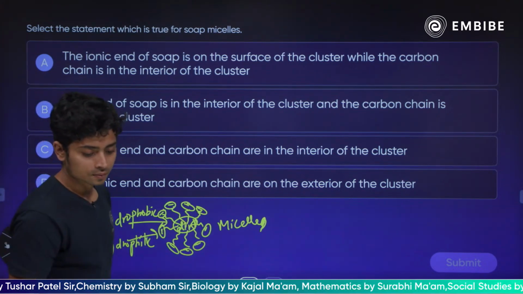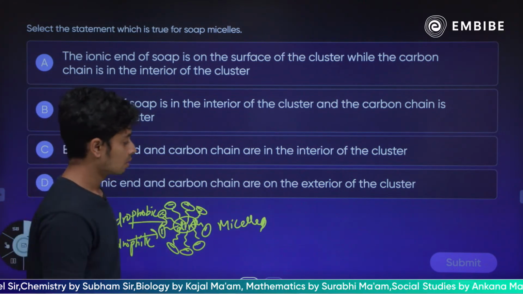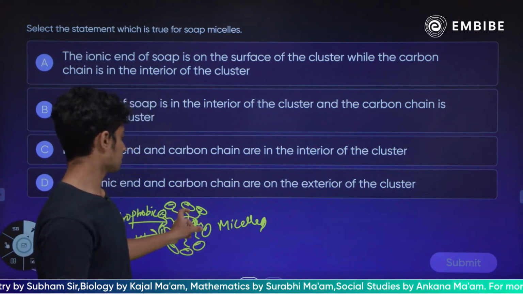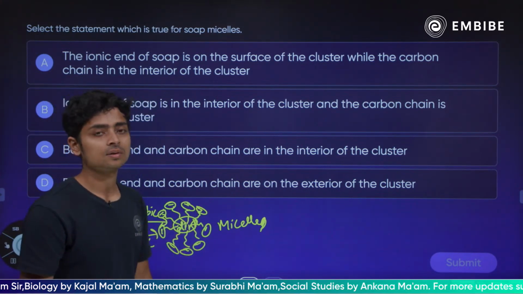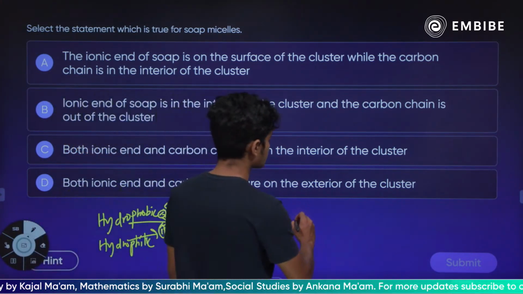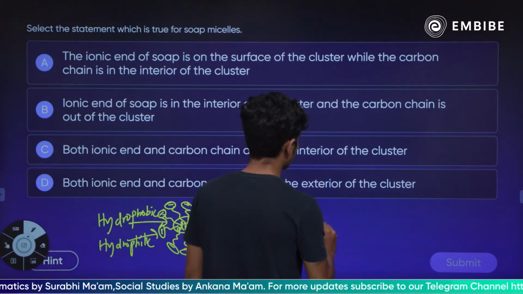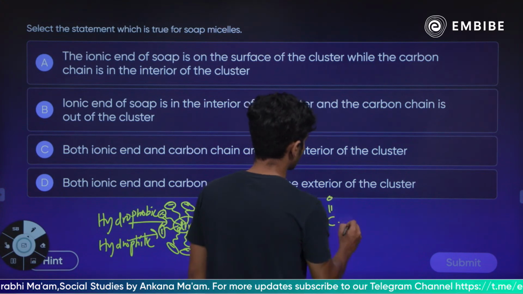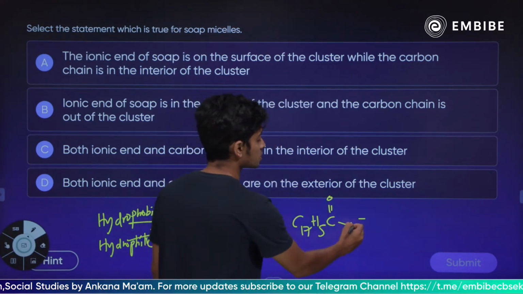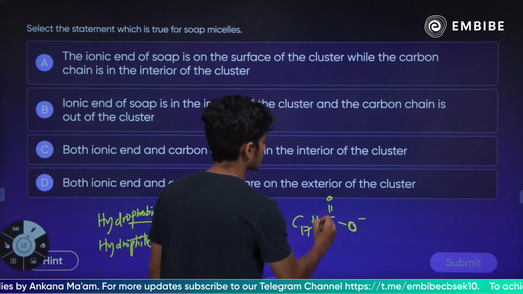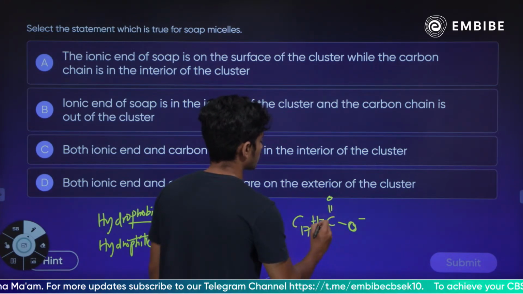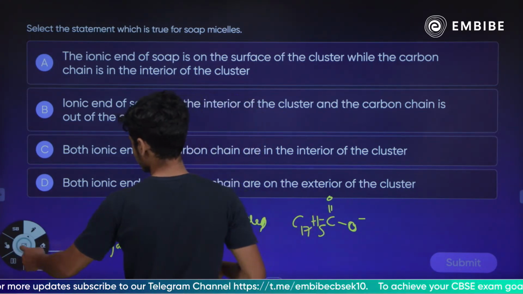So how will this cluster form? This ionic, charged part is C17H35, C double bond O, O minus. This is your charge. Wait, I'll do this again.